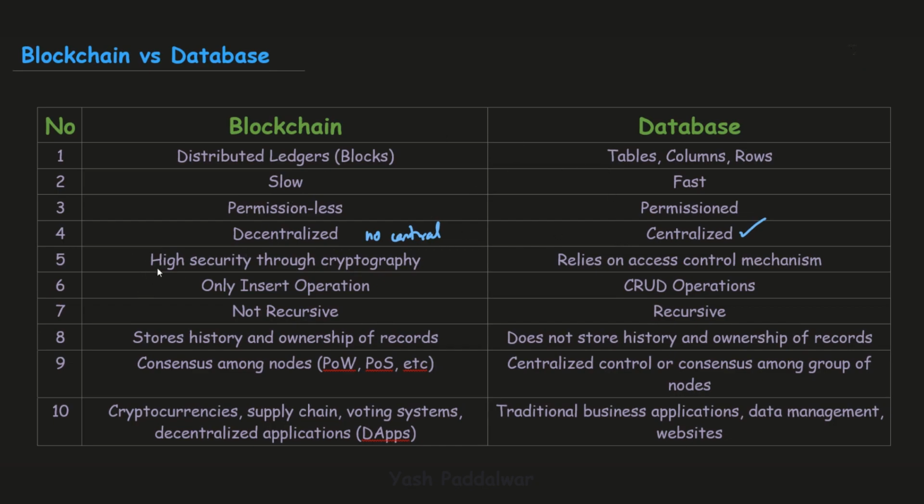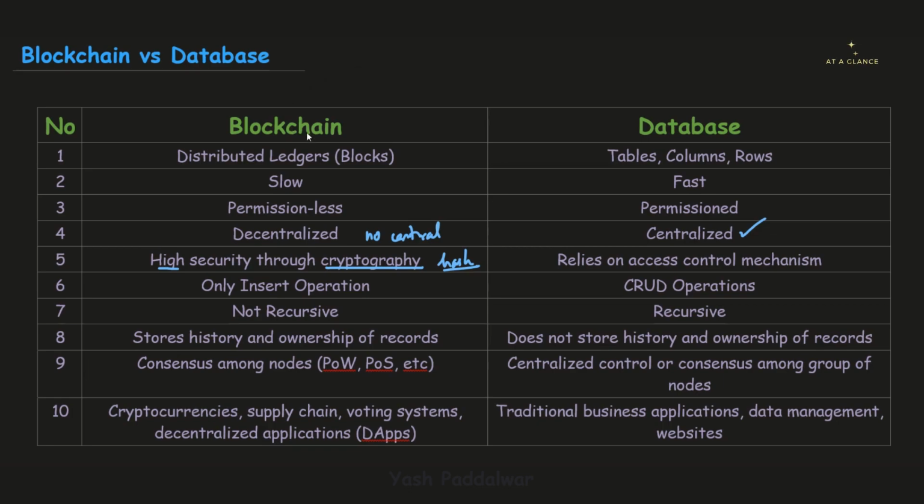Now the next difference is that blockchain has high security because it uses cryptographic concepts, for example, encryption, hashes, etc. The entire blockchain is dependent on hashing because everything that is going to be a part of the blockchain network will be hashed. Every single transaction is going to be hashed so that it is highly secured.